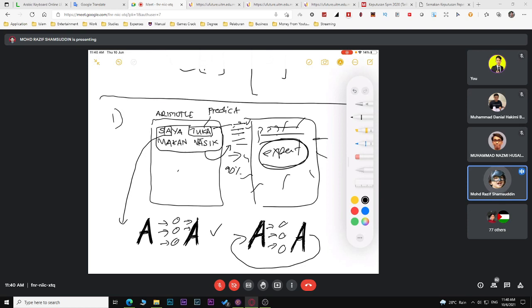So maknanya daripada dia archaeologist ni, dia nak retrieve balik teks ni, daripada ambil masa berbulan-bulan, kita tolong dia untuk dia reduce dia punya proses tu sehingga masa yang lebih pendek lah.